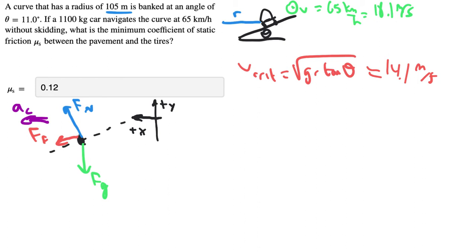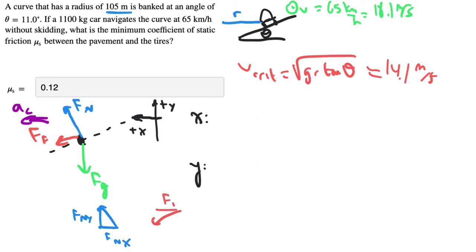And then what we want to do is just write out our Newton's law equations in both x and y. So for the net force in the horizontal direction, notice that we have the normal force, which points a little bit over, I'll call it FNx, and a little bit up, I'll call that FNy. And we have the frictional force, which points a little over. That was badly drawn. So something like that.